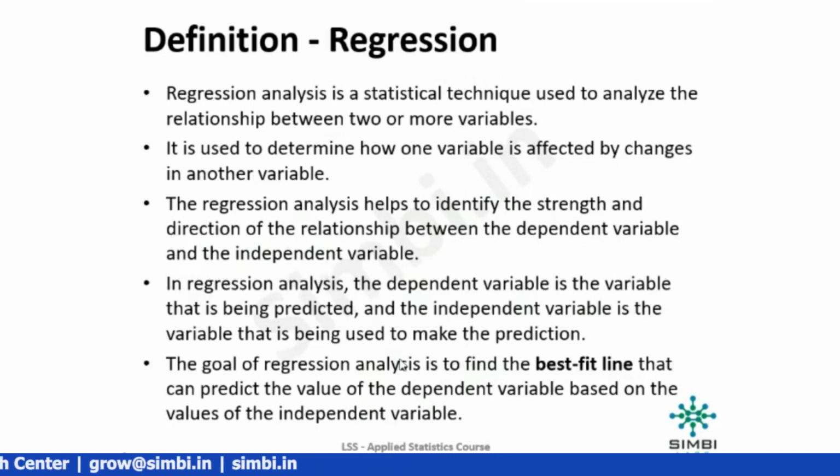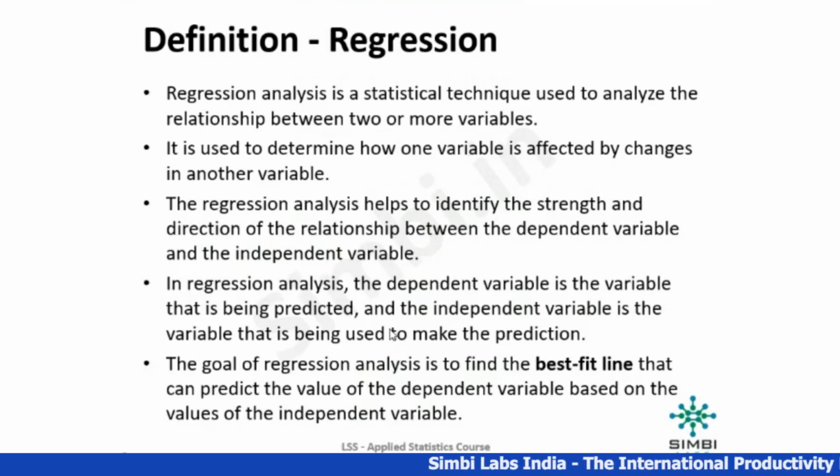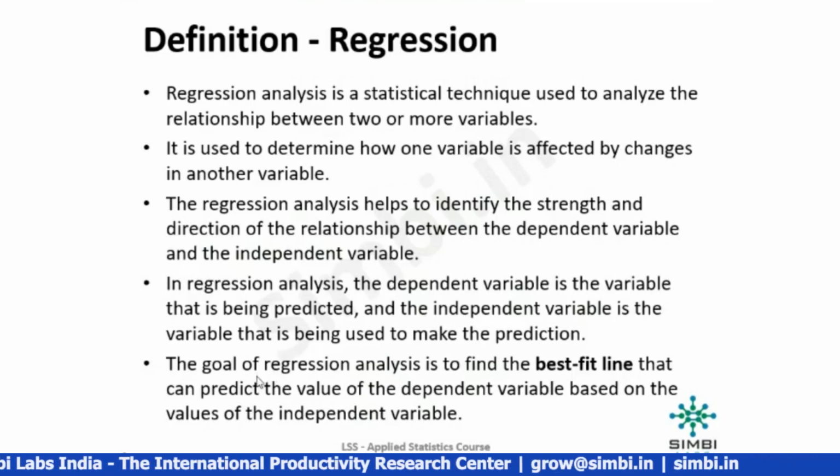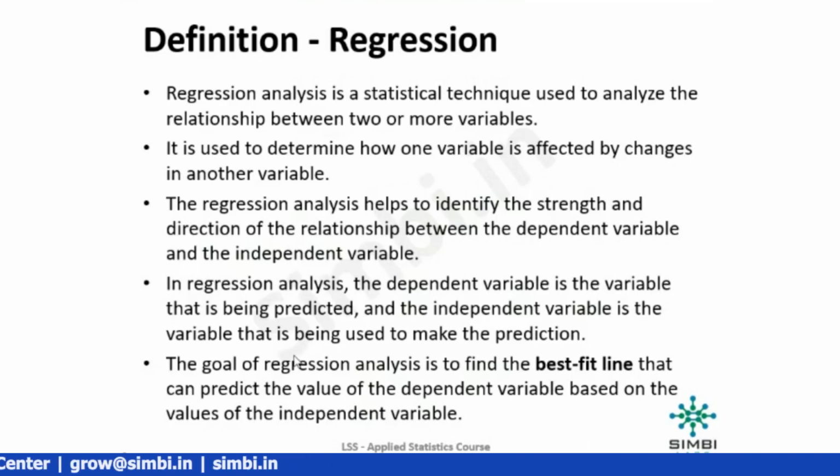Because of a price increase or price decrease, the customer's buying behavior may change. So those changes, those characteristics, we can consider as independent variables, and the price changes we can say as the dependent variable. Like that, we can estimate and predict the buying behavior of customers when the prices are changing.